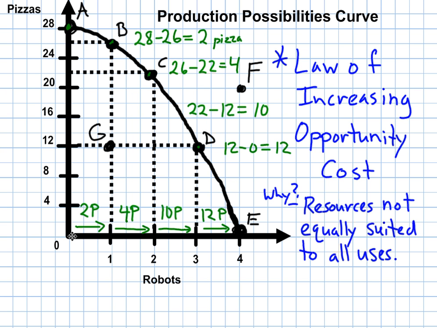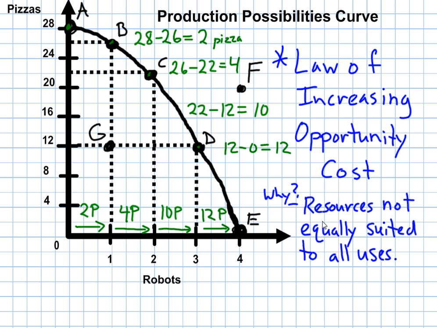If we were to calculate how many robots we give up to get successive units of pizzas, it would also increase, right? So the opportunity cost increases for both goods. When the curve is bowed out, it means that opportunity costs increase if we force resources to make pizza, or when we force them to make robots, in either direction. The further we go, the bigger the sacrifice becomes.